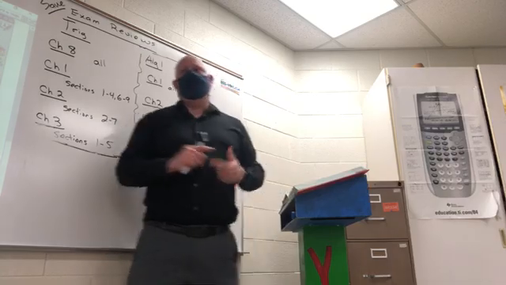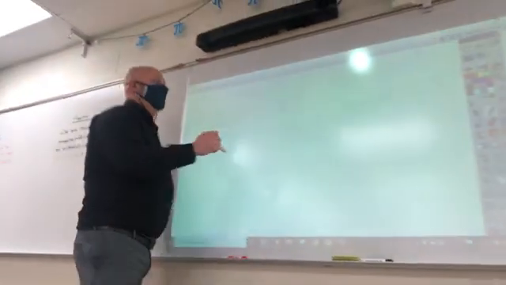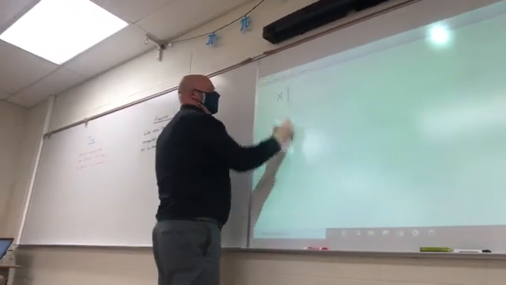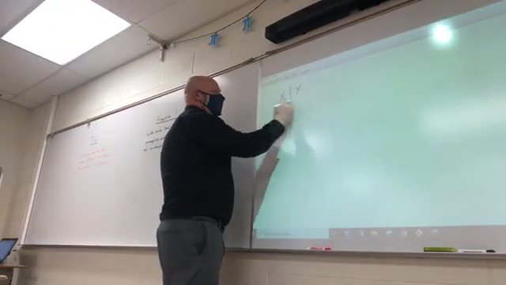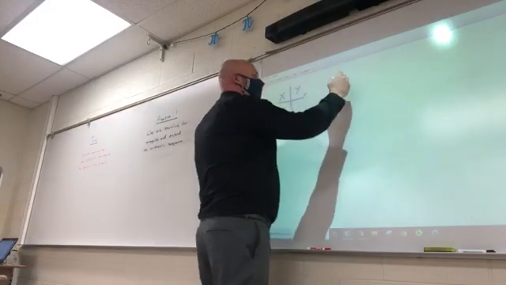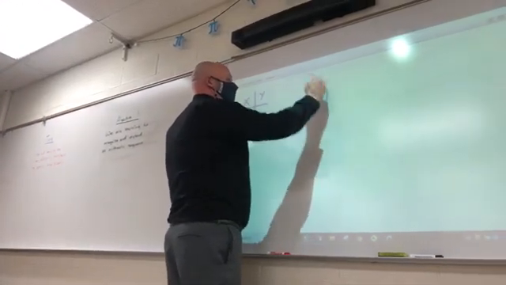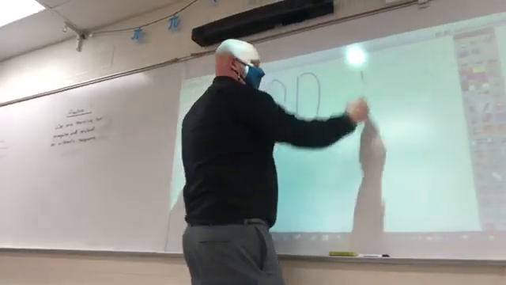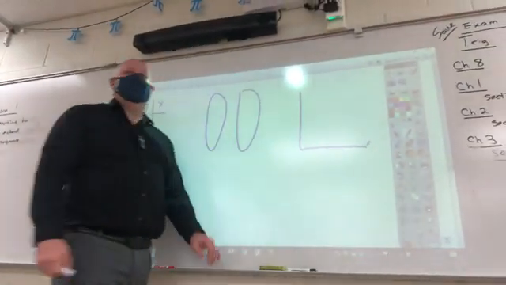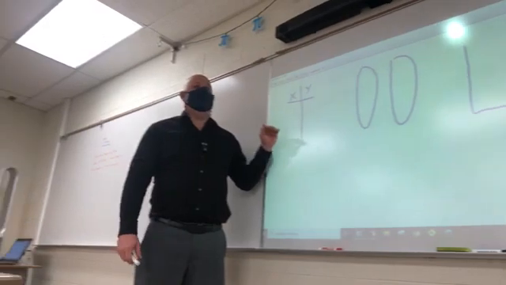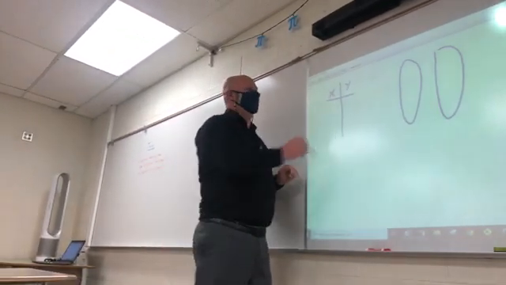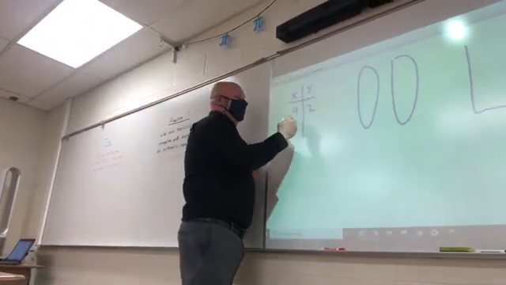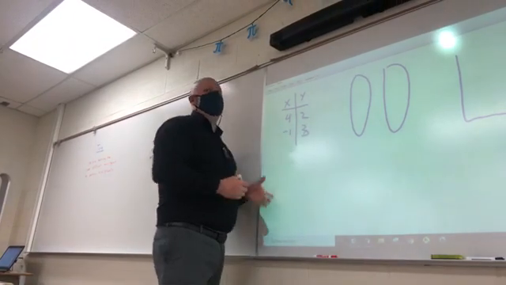Domain and range. Whether I give it to you as a set of points or a map or a graph. In any of the three forms, I give you a set of points, 4, 2, -1, 3, whatever.